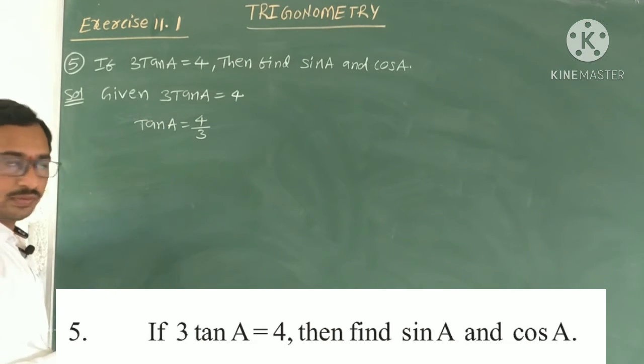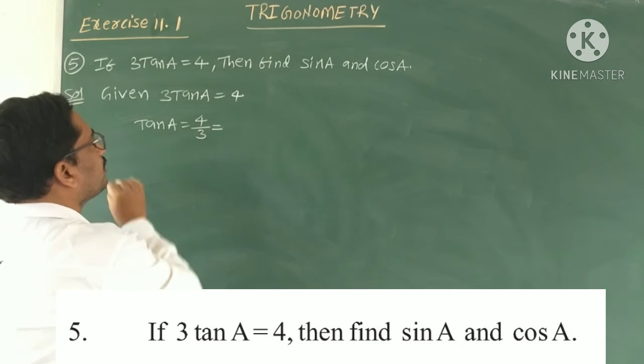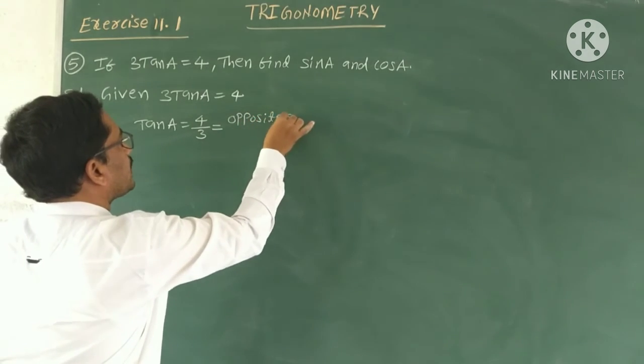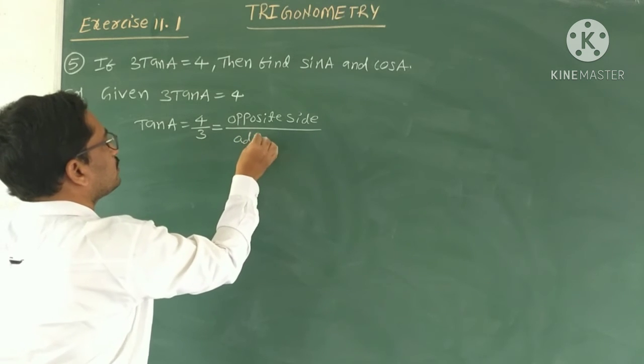So what is the formula of tan A with respect to the sides of a right angle triangle? It is opposite side by adjacent side.